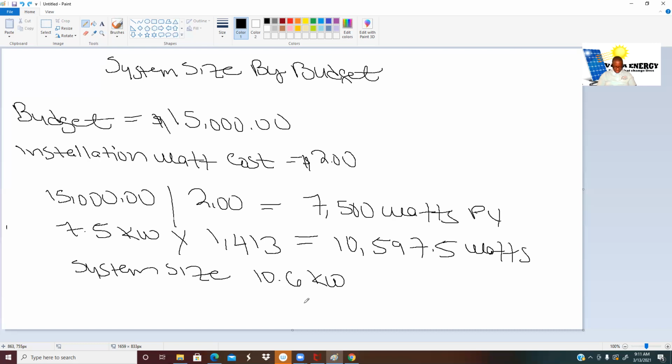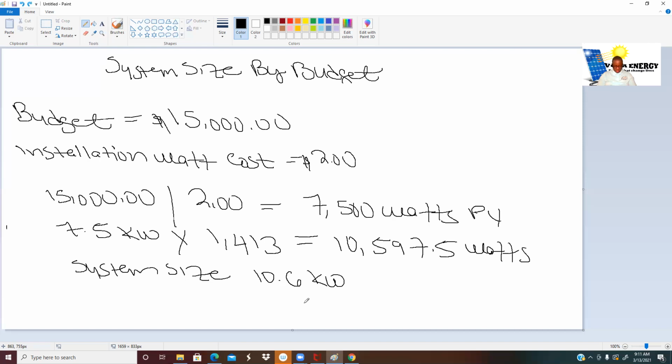So it's going to be $3.00, so 15,000 divided by $3 equals this, divided by 1,000, 5 kilowatts. 5 kilowatts times 1,413.